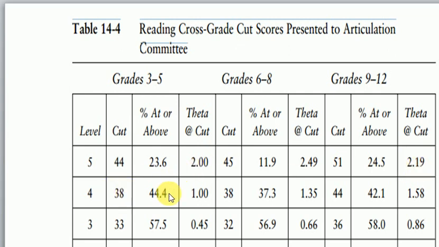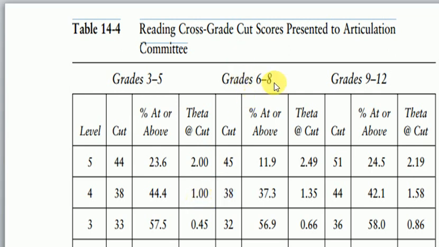So for grade 4 it is given: cut point 38, percentage at or above 44.4, and theta cut score 1.00.